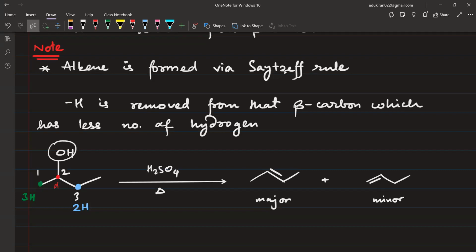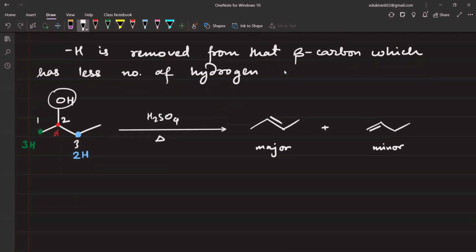Now, one statement of the Saytzeff rule is something like this. It says that the more substituted alkene is the major product.